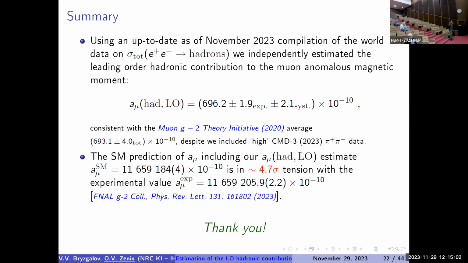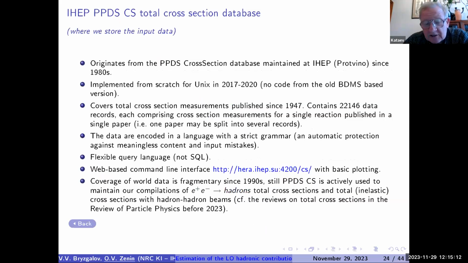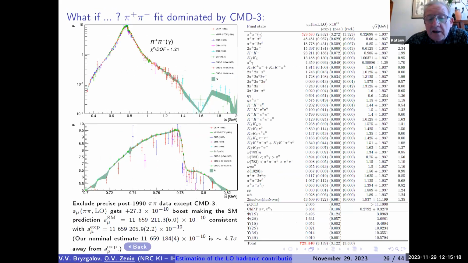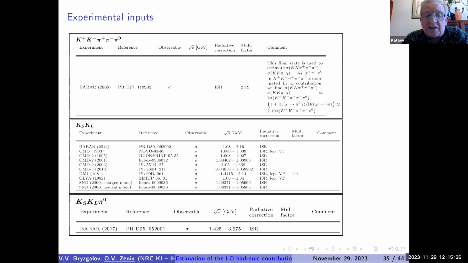Unfortunately, I cannot roll back to the previous slide. This fact understood. So this means that your programs are compatible in some sense. Yes, their program and your independently written program for evaluating the hadronic vacuum polarization contribution.